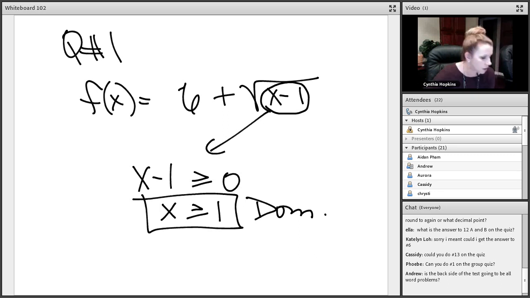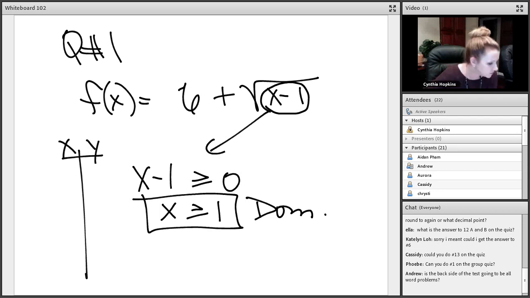B asks you to plot f of x in the domain from positive 1 to positive 10. And I did a few of those points, but not all of them. I didn't do all the integers. So I did x equals 1, x equals 2, and I skipped to x equals 5, and I did x equals 10.